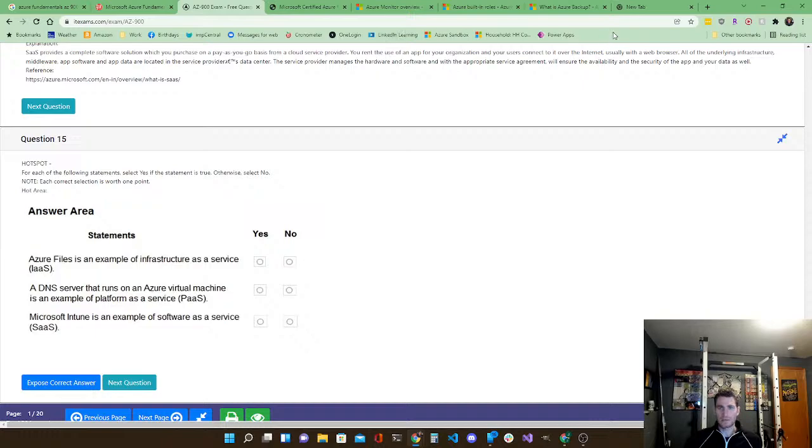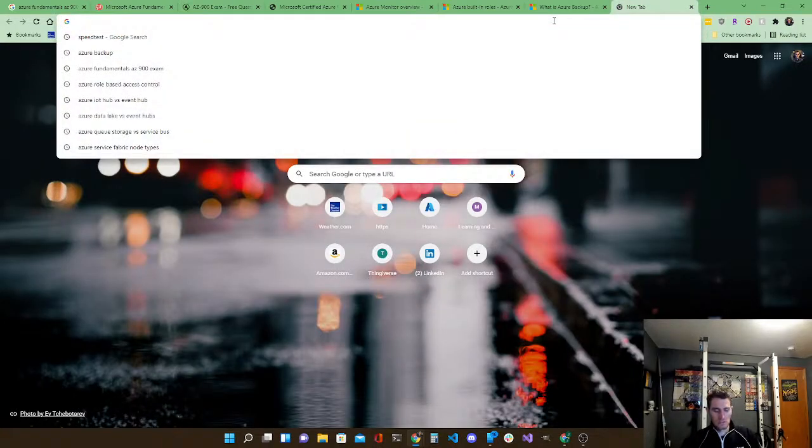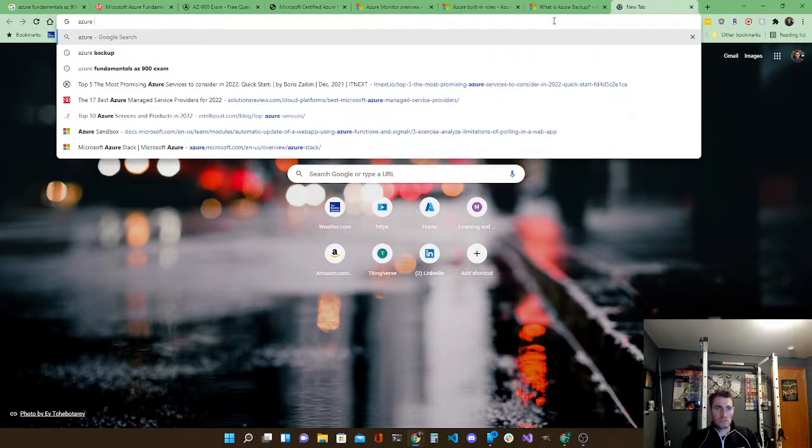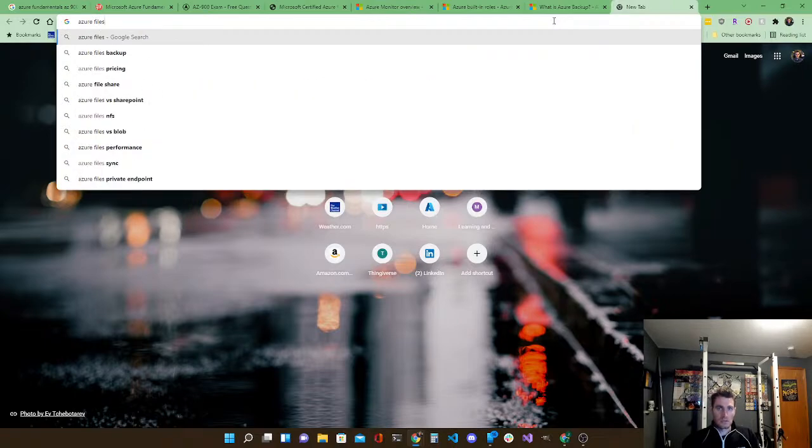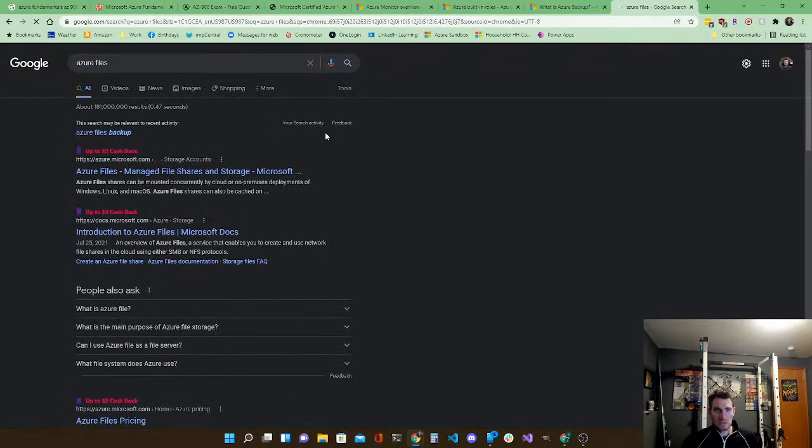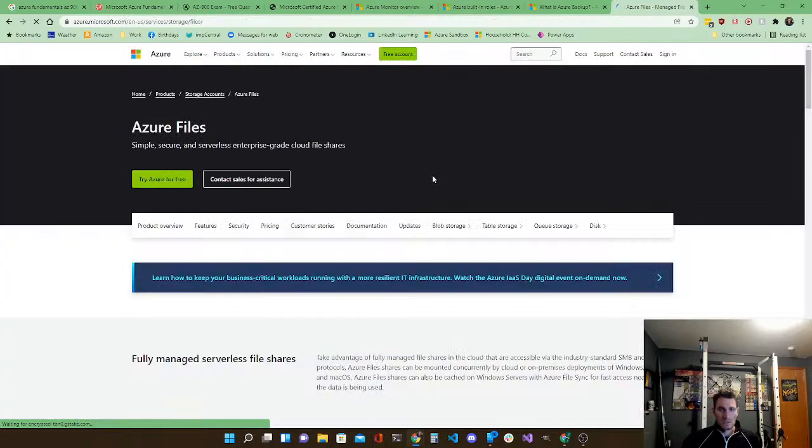Azure Files. Is that just Azure Files on storage? Simple, secure, and serverless enterprise-grade cloud file shares. Is this just part of our normal storage?